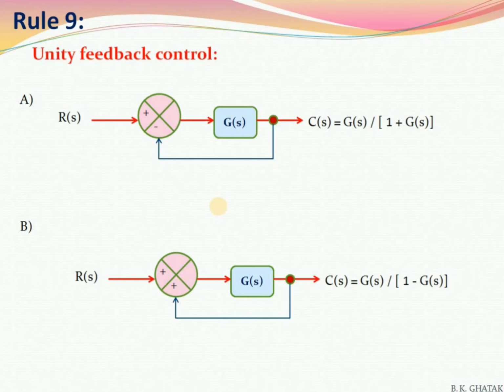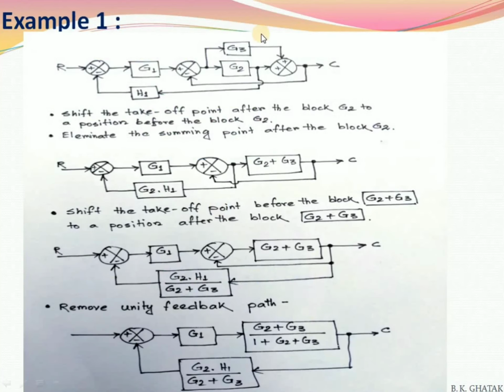Clear? So we must understand how critical block diagrams can easily be solved with the help of these 9 rules. So have a look at this example. From this block diagram we can easily see that there are 3 summing points, this one and this one. 3 forward transfer blocks, G1, G2 and G3, and a reverse or feedback transfer block known as HS.